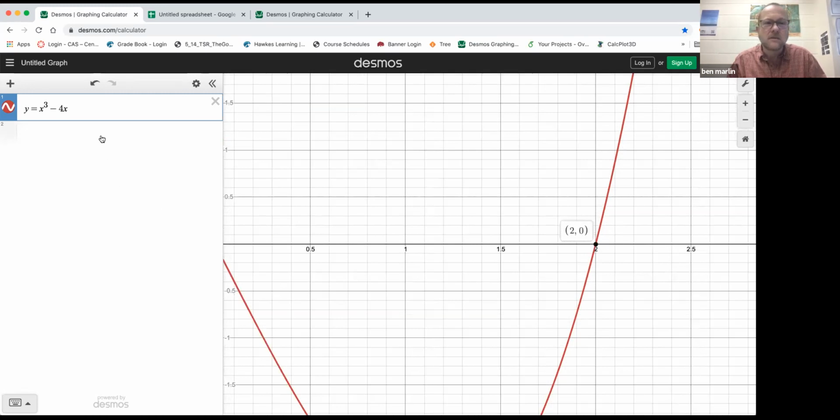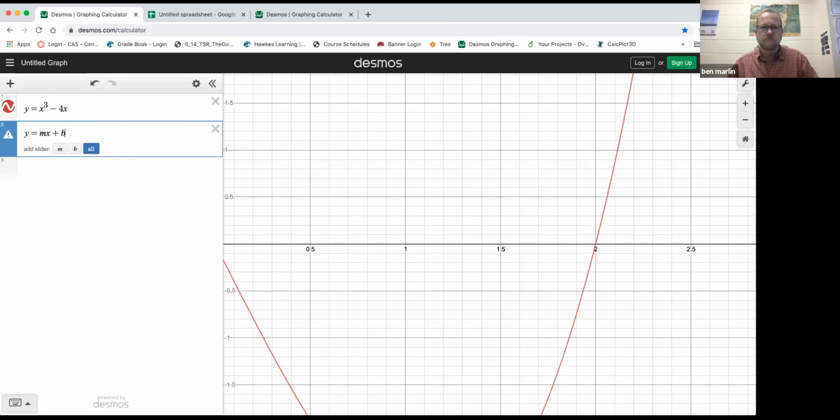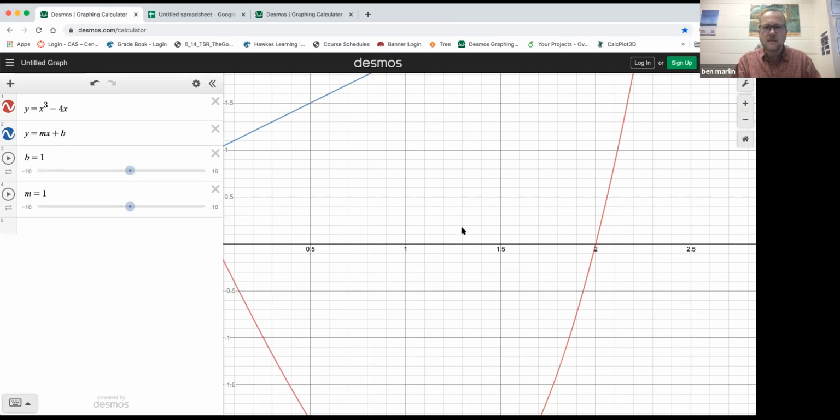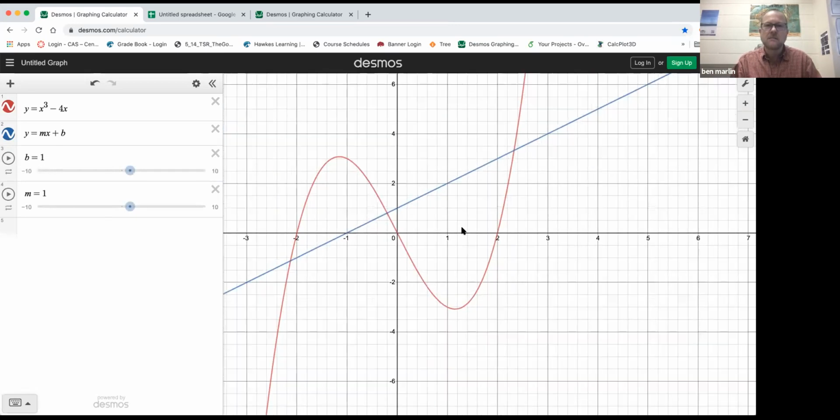So the thing we're going to do is something very algebraic and something that you've dealt with a little bit before. We're going to write an equation here, y equals mx plus b. Okay, so for that we need sliders for both m and for b, and I'm going to zoom out a little bit.